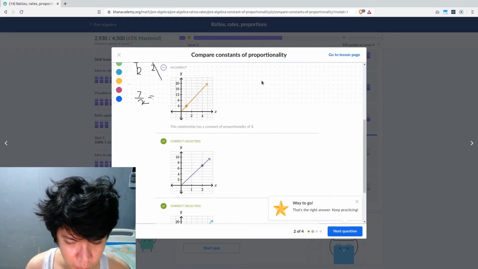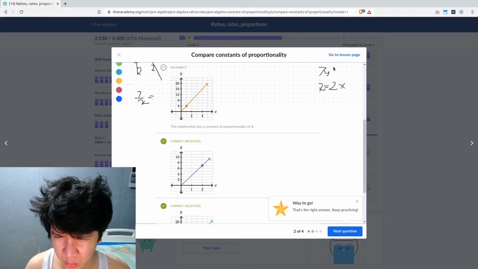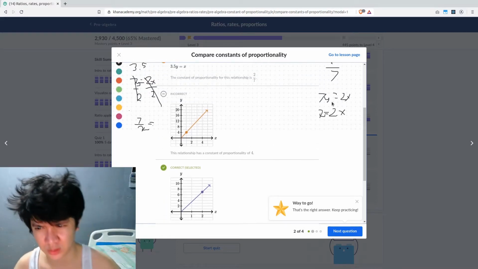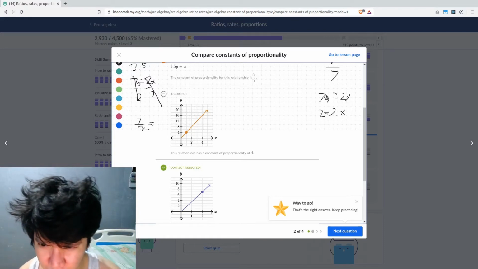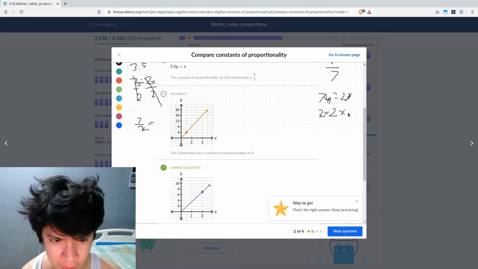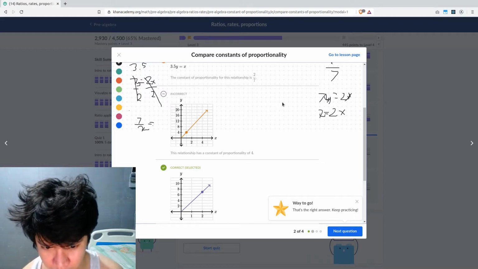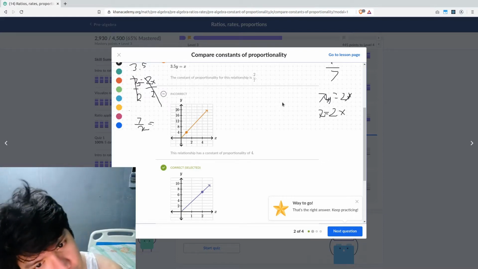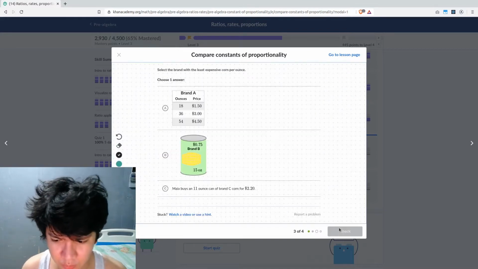Or we could do 7 equals 2x. 7y equals 2x. I'm not sure. Am I supposed to do y over here, then 2x over there? And for every, no.